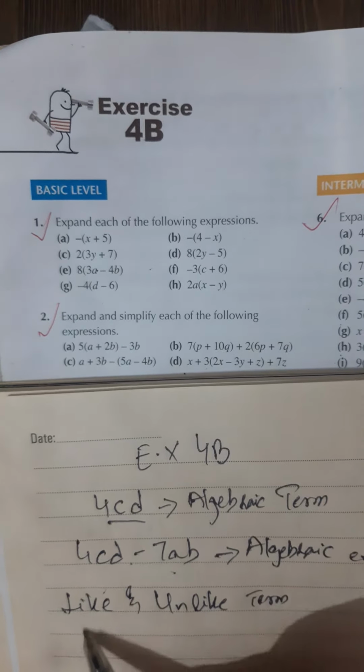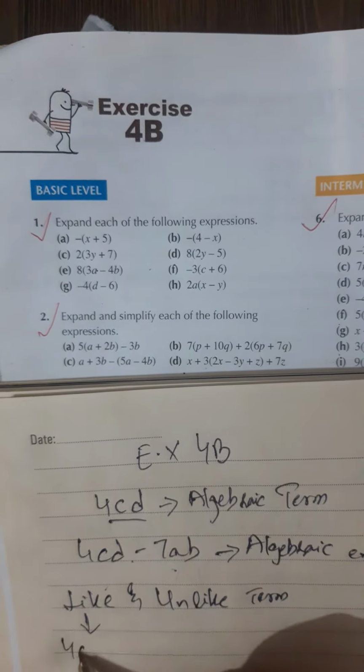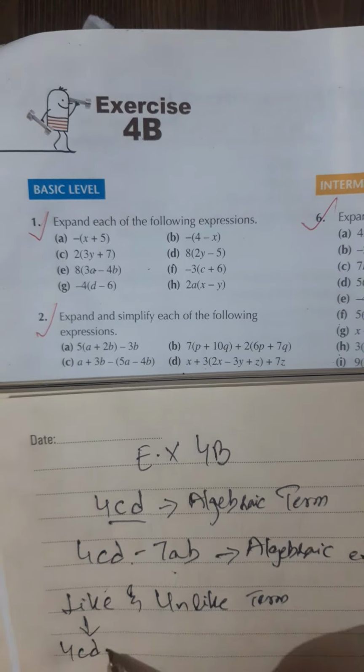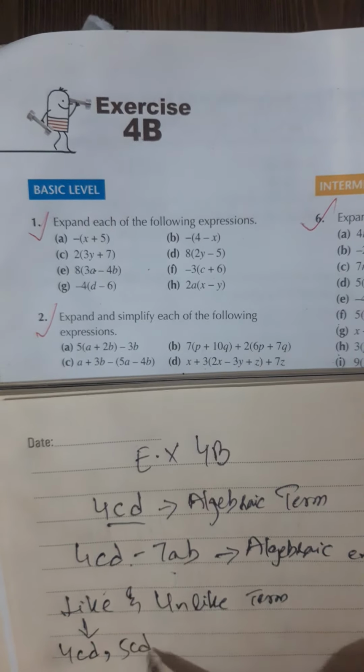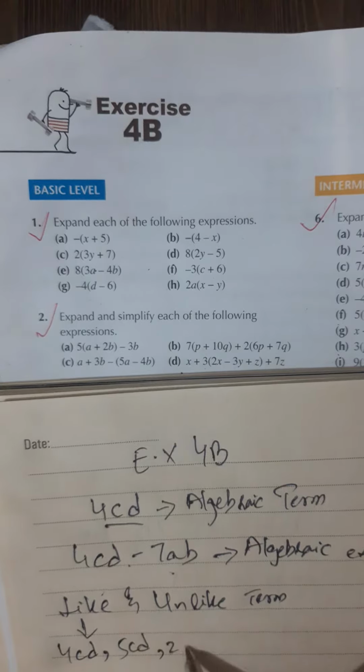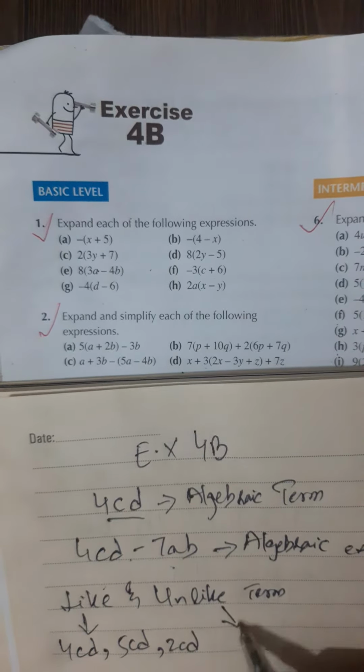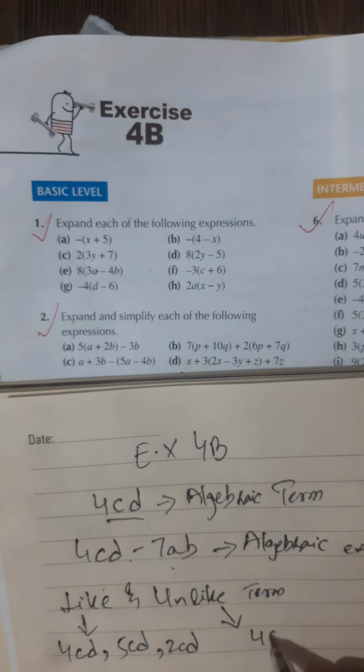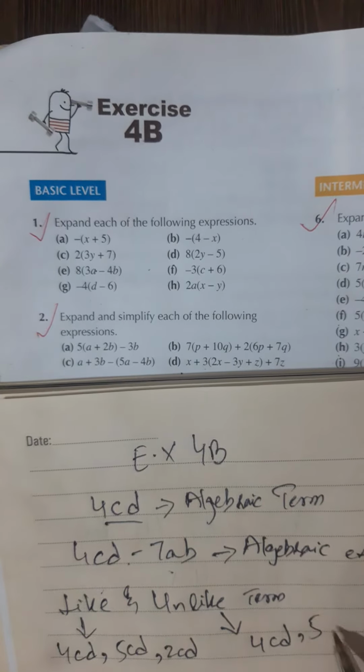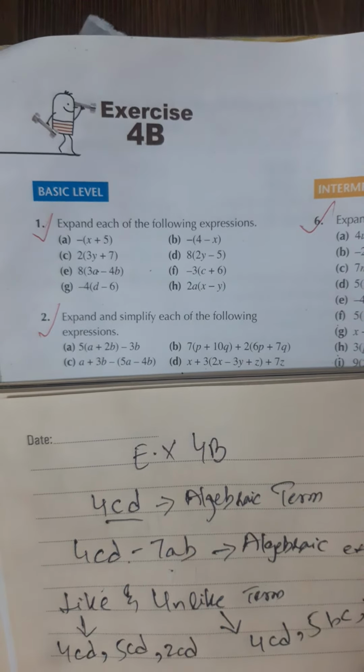Like terms are 4CD, 5CD, and 2CD, while unlike terms are 4CD, 5BC, and 7DB.